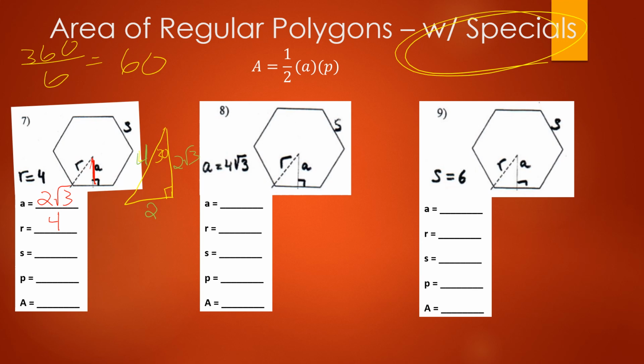Our side is going to be 2 and 2, because it's half of it here. So it's 4 as well. And our perimeter is therefore 24. And our area is going to be half the apothem, 2 root 3, times the perimeter. Our answer is 24 root 3.